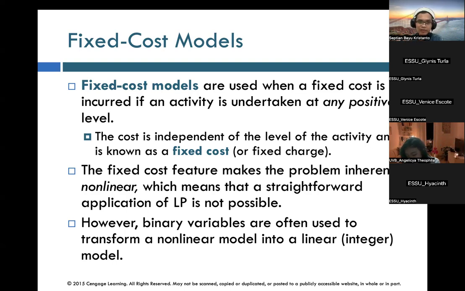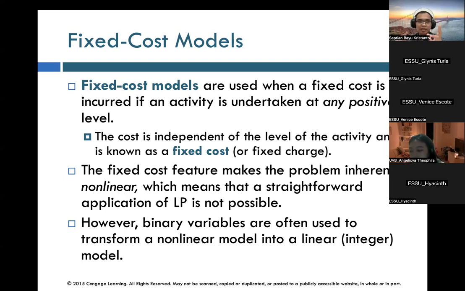So sometimes fixed cost models will not represent linear functions. It depends maybe on the volume of your floor, the volume of your production, or maybe the volume of your demand. So it should be in binary functions, or maybe non-binary functions in an integer model.